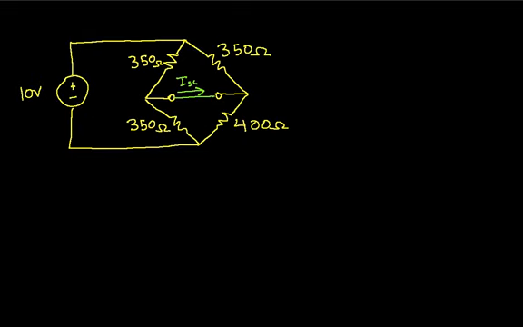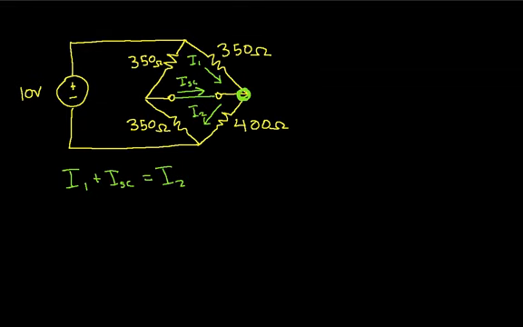If I knew the current going through this 350 ohm resistor, let's call that I1, and the current going through this 400 ohm resistor, let's call that I2, then I could apply Kirchhoff's current law to this point, and I would have I1 plus ISC is equal to I2. So if I can figure out what I1 and I2 are, we can solve this equation for ISC.